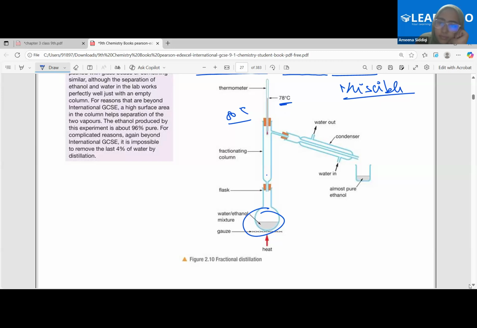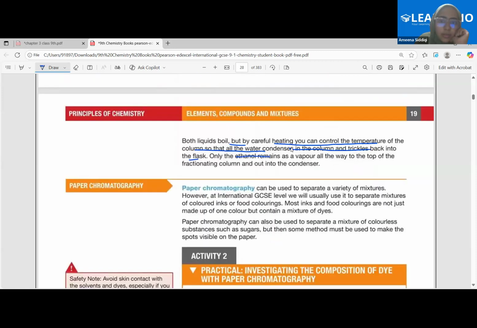Both liquids boil, but by carefully heating, you can control the temperature of the column so that all the water condenses in the column and trickles back into the flask.